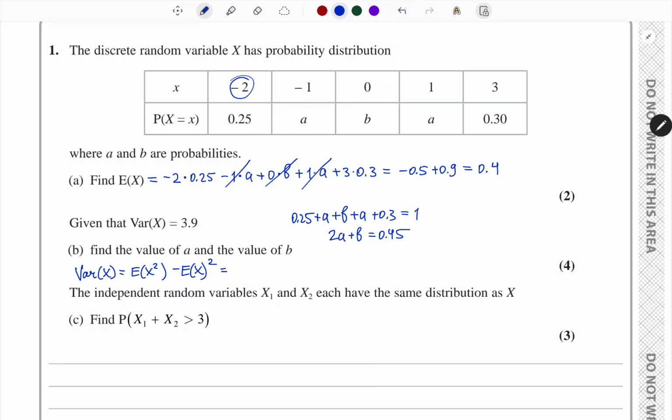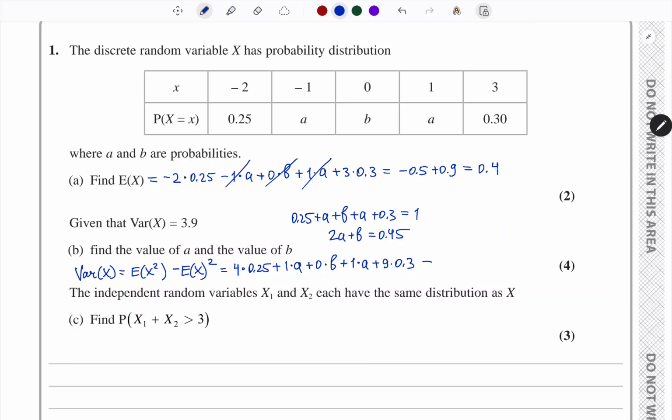So minus 2 squared is 4, multiplied by the corresponding probability, plus the next value, minus 1 squared is 1, times the corresponding probability. So 0 squared is 0 times b, 1 squared is 1 times a, plus 3 squared is 9, 9 times 0.3.